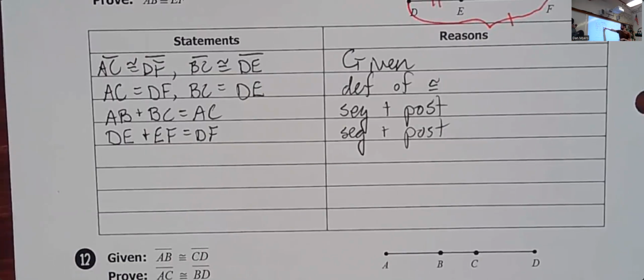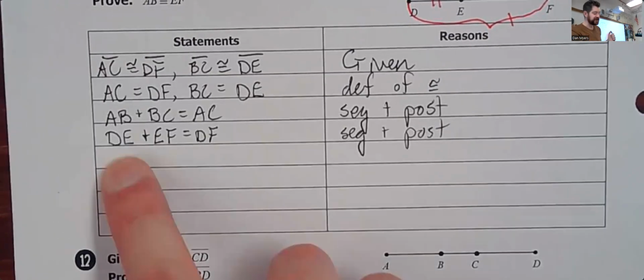Because these two things are the same as well, right? So I'm going to do this, and I'm going to put it here. Also because of substitution. So I'm gonna write both of those on the same line here, okay?